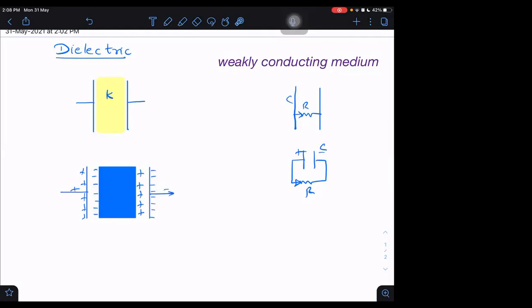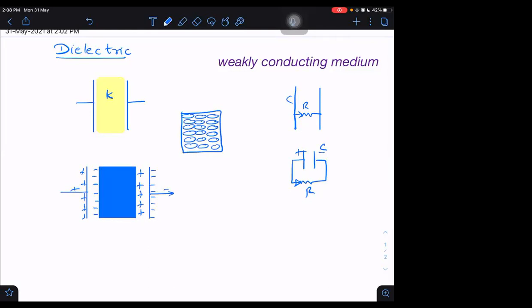If we look internally, what happens? I think we have discussed it before in induction, that this material will get polarized. It will have dipoles induced, and those dipoles will be induced even if the substance is non-polar.